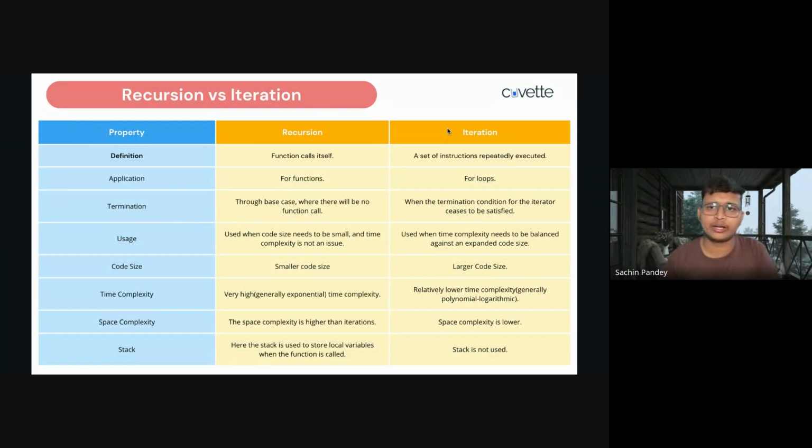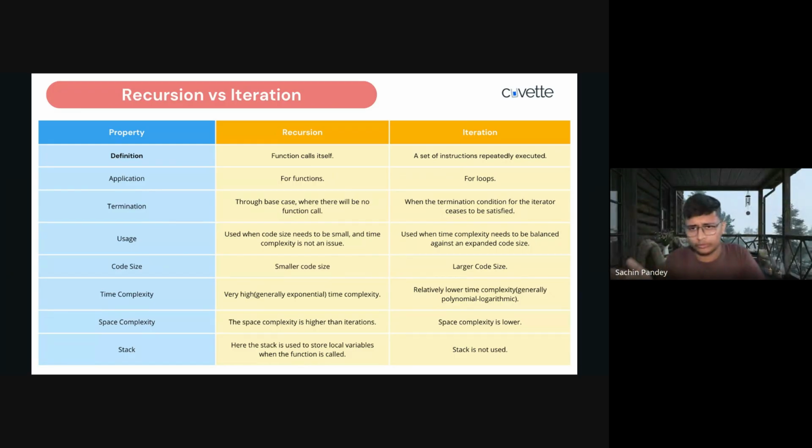Cool. Now the difference between recursion versus iteration. First of all, before applications, let's discuss the definition. Recursion is basically a function calling itself. Iteration is a set of instructions which are executed repeatedly using a for loop or something like that.